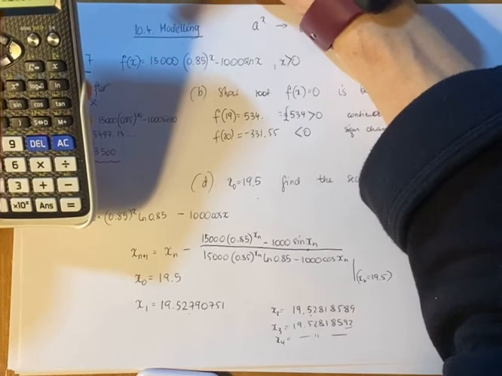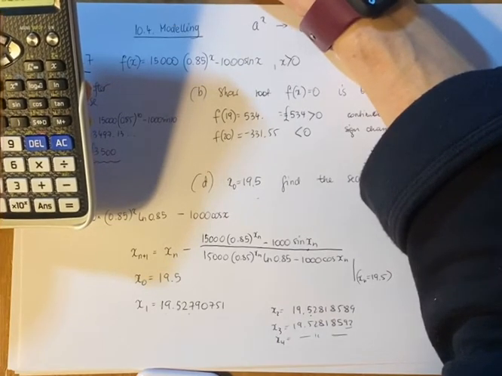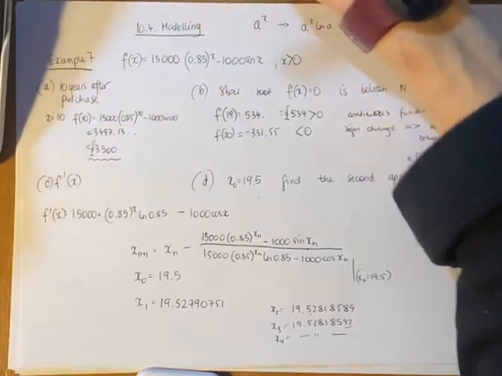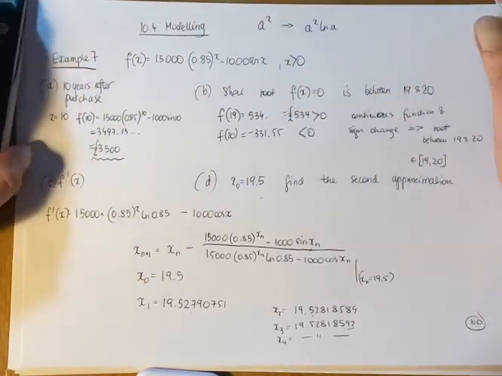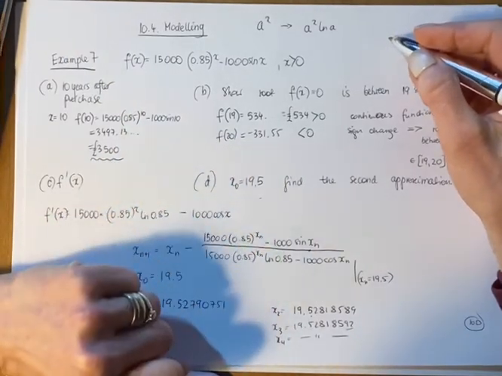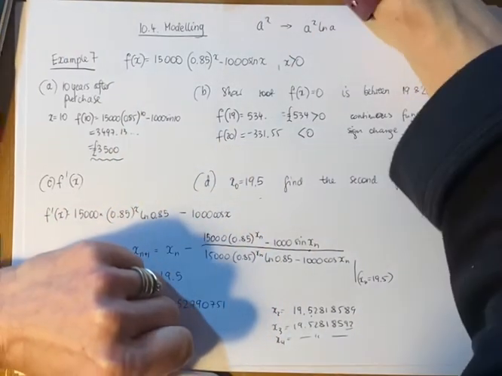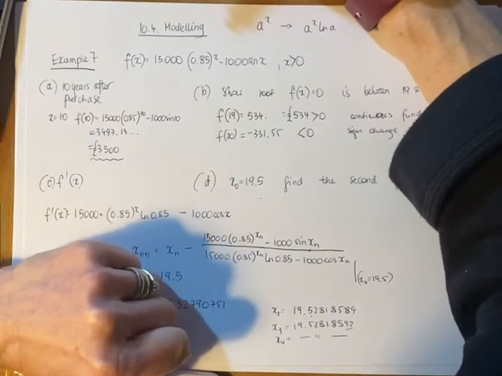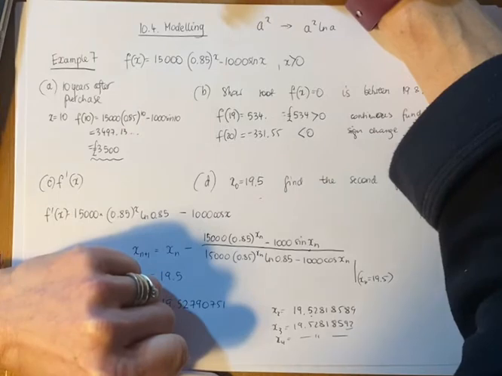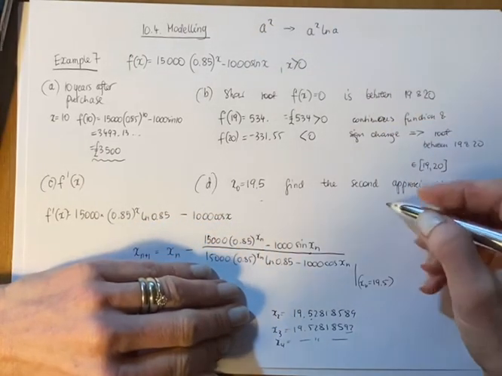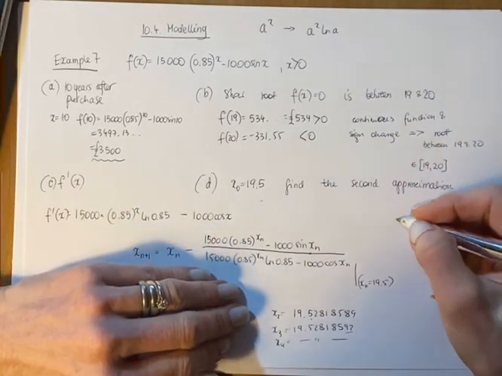Okay, so next one, criticize this model with respect to the value of the car as it gets older. So obviously we are referring to the fact that after 19.5 years, the value of the car becomes negative. So clearly using this model for older cars is not really good, because in reality you won't get a negative value.